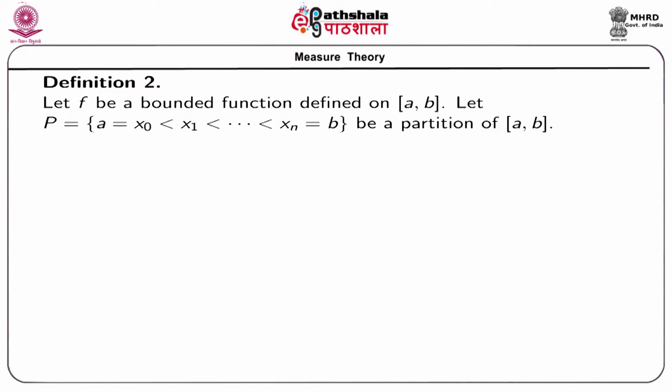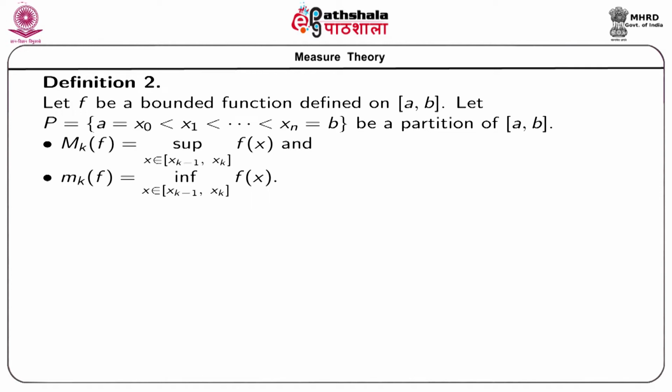So, we now give the formal definition of Darboux-Stieltjes integral. Let f be a bounded function defined on closed interval [a, b], and let P: a = x0 < x1 < ... < xn = b be a partition of closed interval [a, b].